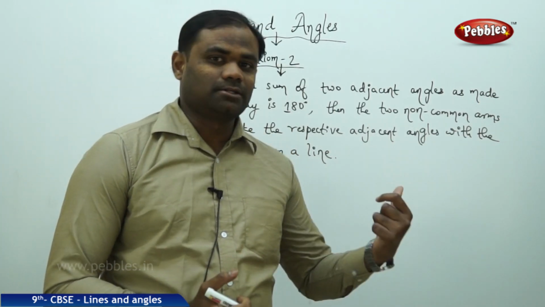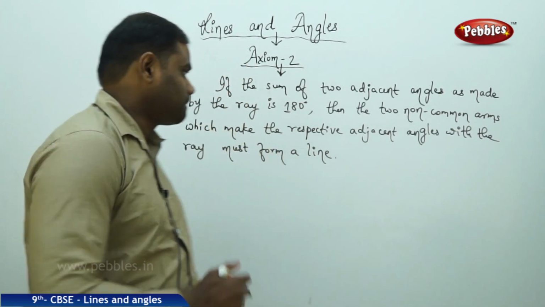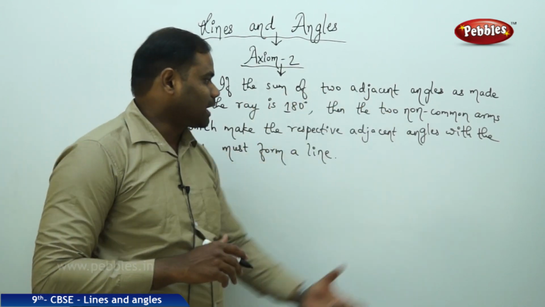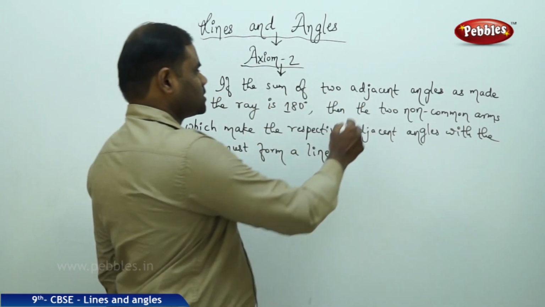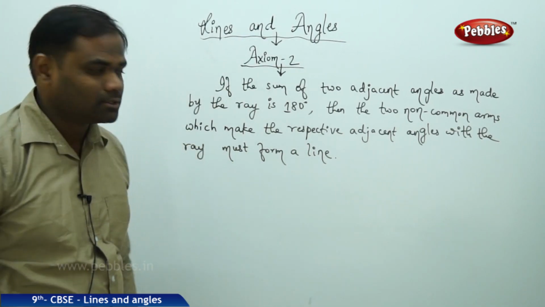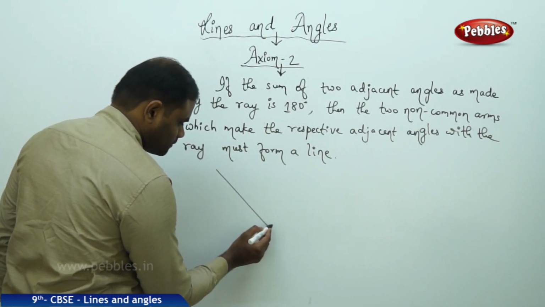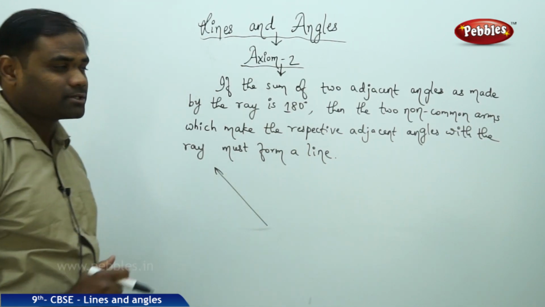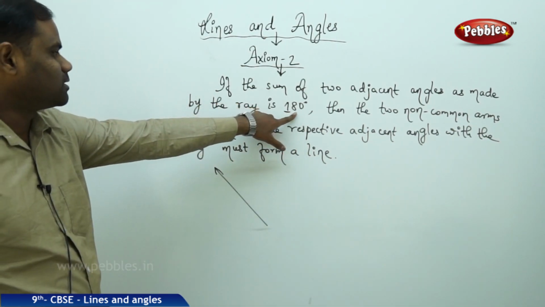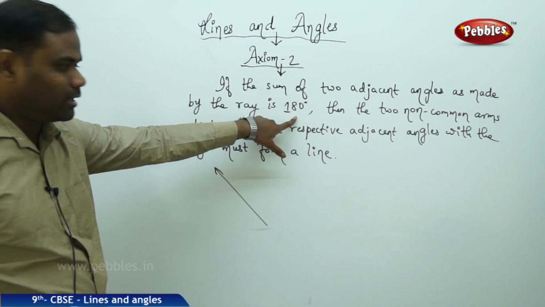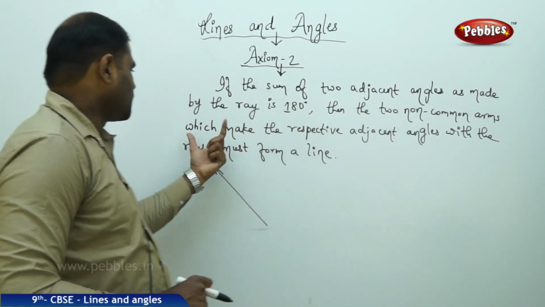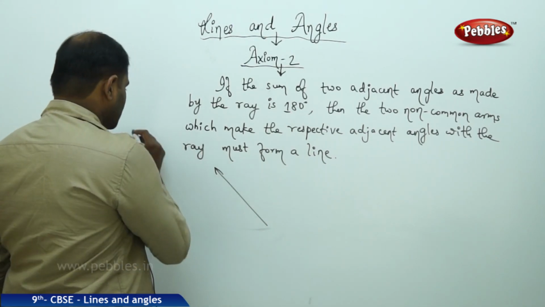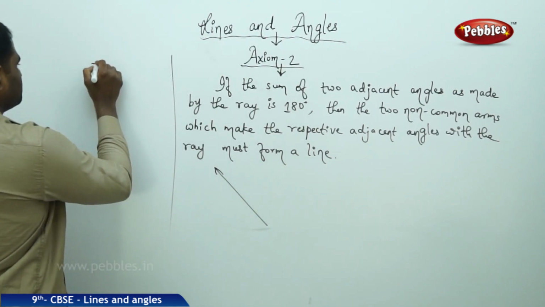Let's see axiom number 2. The axiom clearly states if the sum of two adjacent angles as made by the ray. Now it is given that the angles are adjacent. Say for example, I have a ray. Now this ray makes adjacent angles and the sum of adjacent angles is 180 degrees, and then the two non-common arms which make the respective adjacent angles. Say for example, my adjacent angles here are x and y.